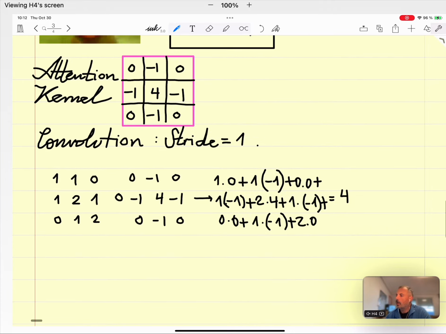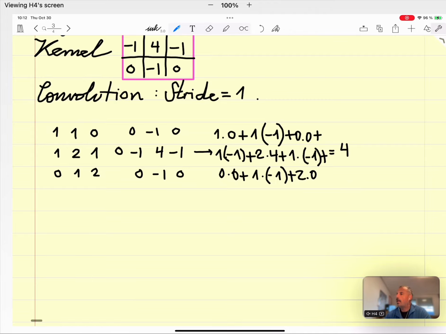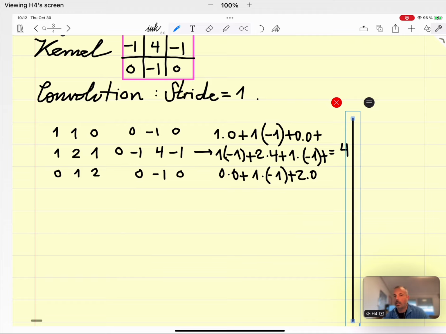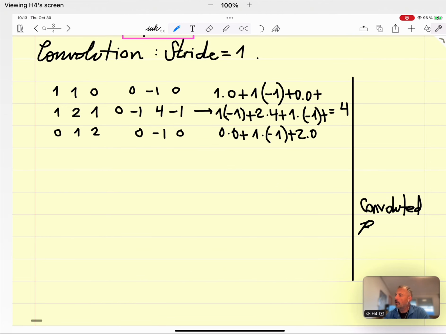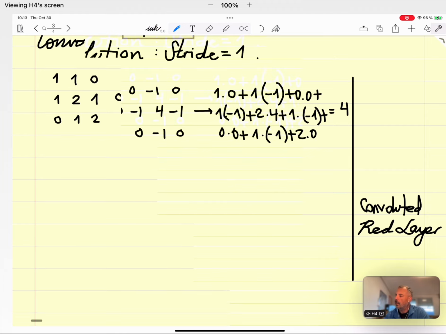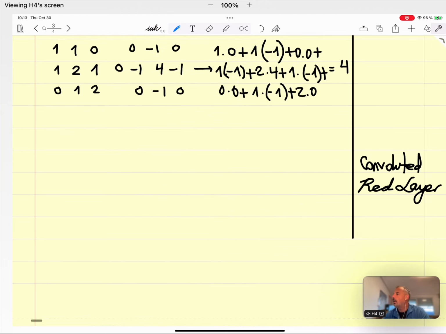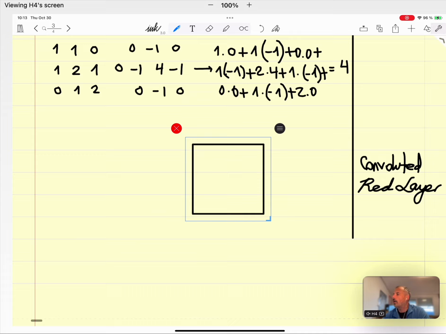So our convoluted red layer is going to be a square, which is going to be 3 by 3.